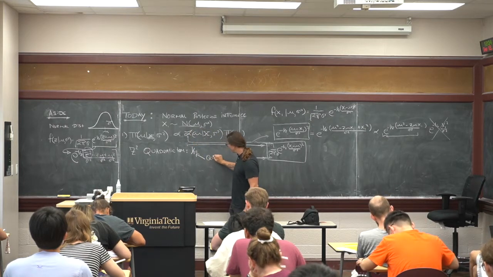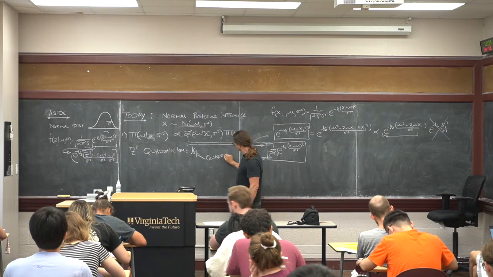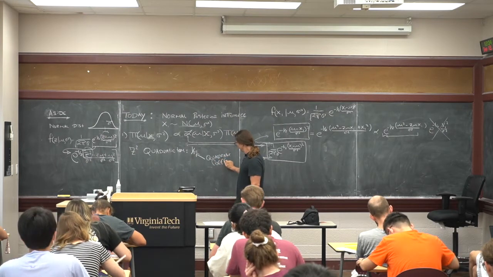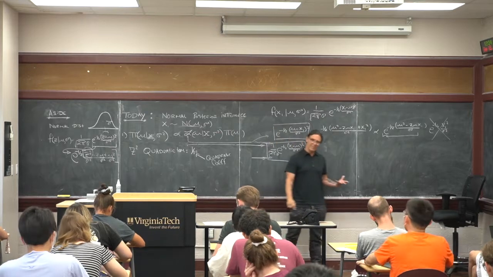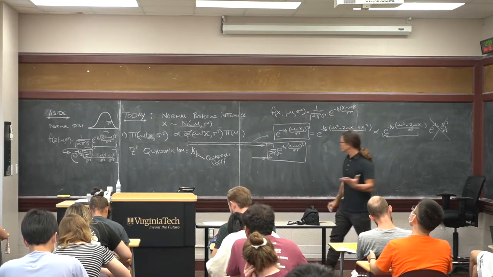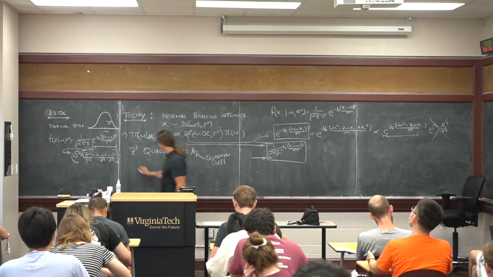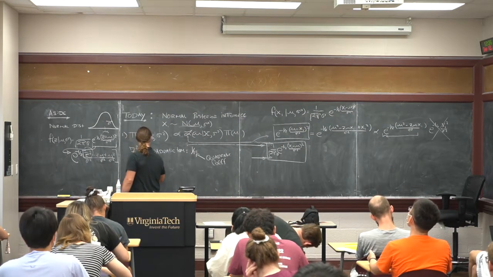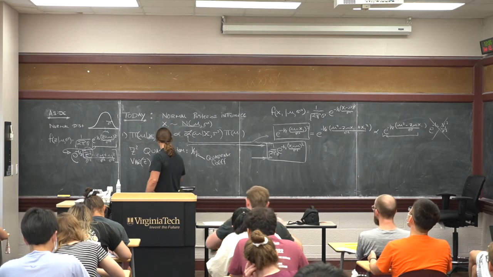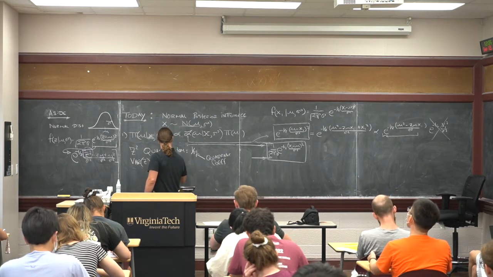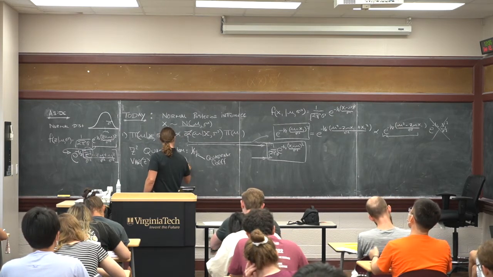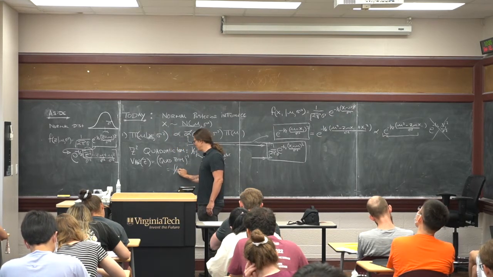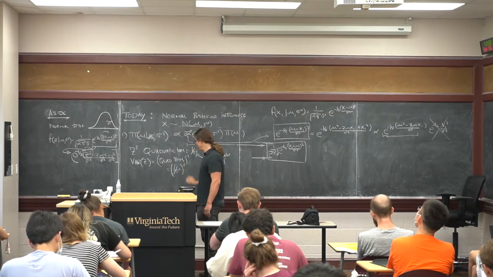So this is the quadratic coefficient. And it's not hard to see, that's the inverse of the variance. So the variance of z is equal to the quad term inverted, which is just 1 over sigma squared inverted.